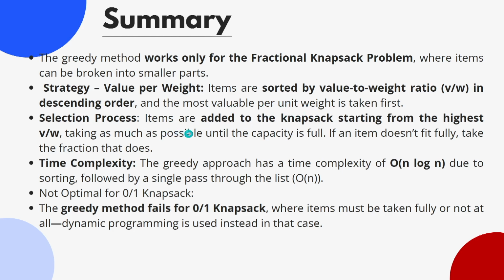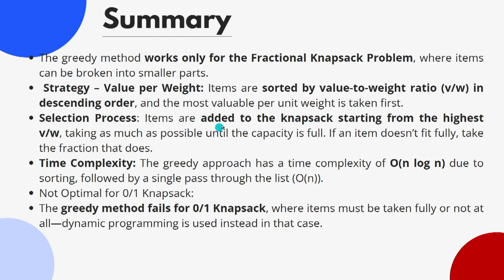And in order to fetch items and keep on adding them to the knapsack, we use a priority queue. It is a heap based priority queue, and we add the items to the knapsack starting from the item with the highest value weight ratio, and we keep on adding the items into the knapsack until we exceed its capacity.